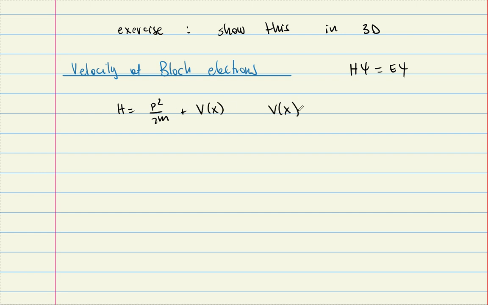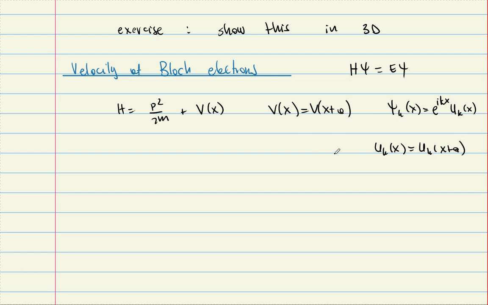V of x is equal to V of x plus a, and the wave function is going to have this form, e to the i kx u_k of x. I leave the band index implicit because there will be no band mixing in this calculation. And here the condition for u_k is u_k of x equals u_k of x plus a.